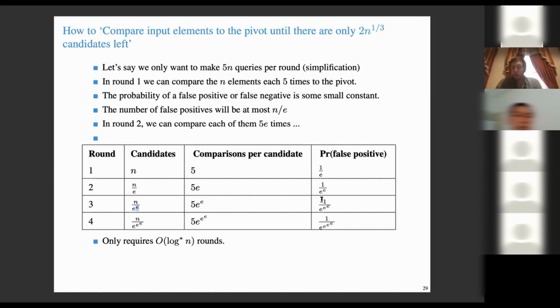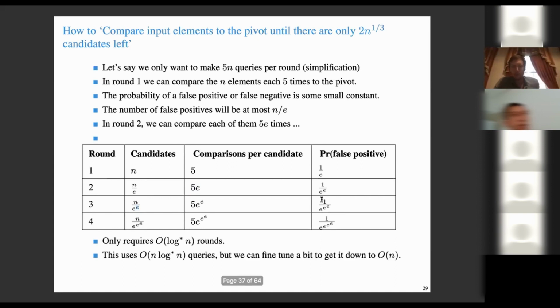Okay, any questions so far? Okay, so the thing is I lied a tiny bit to you because the number of queries we have here is not going to be linear. It's going to be log star n, because what we did is we fixed the number of queries per round to be 5n, no matter in which round we are.